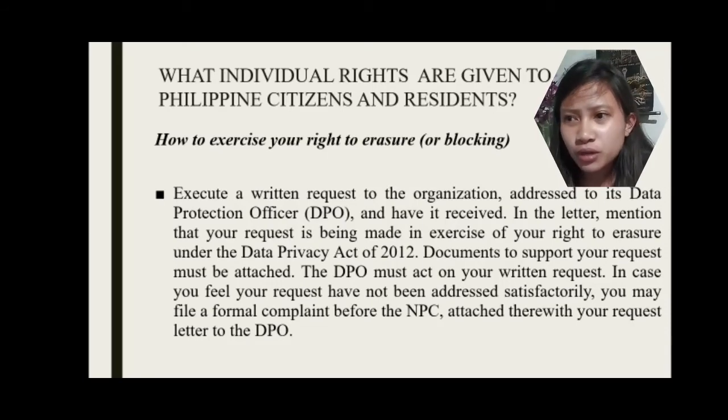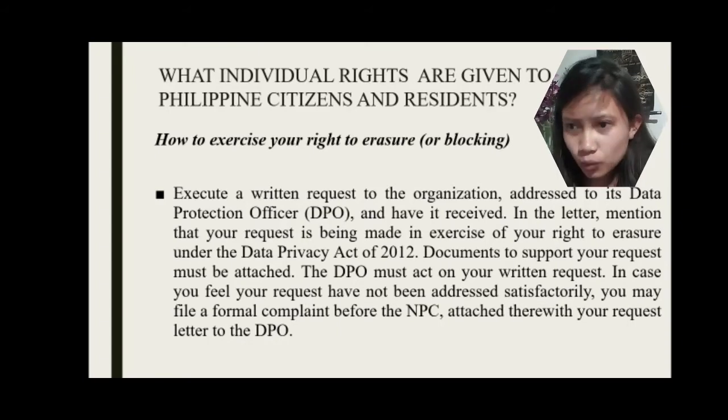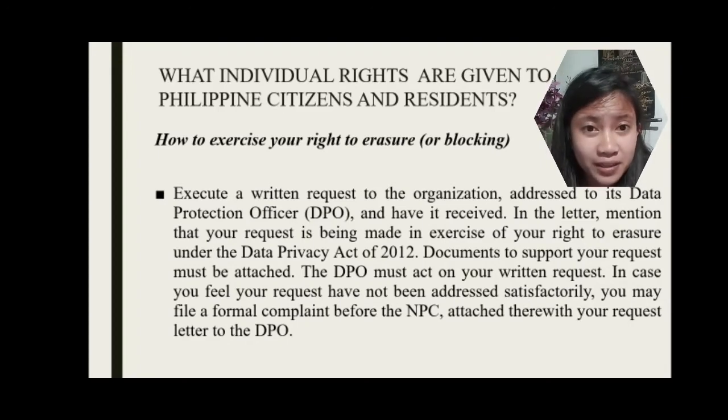Documents to support your request must be attached. The DPO must act on your written request. In case you feel your request has not been addressed satisfactorily, you may file a formal complaint before the NPC, attaching your request letter to the DPO.